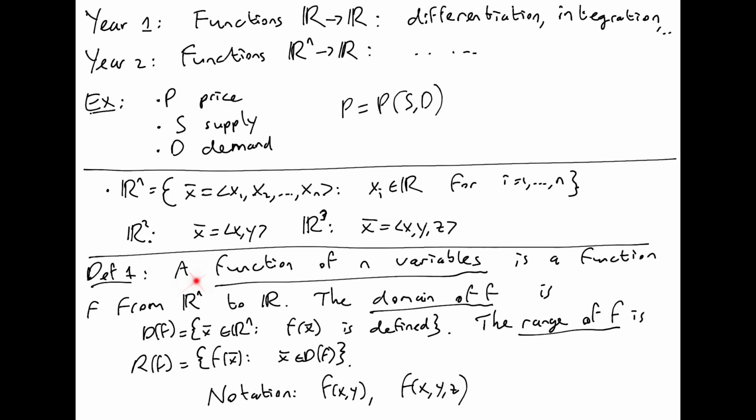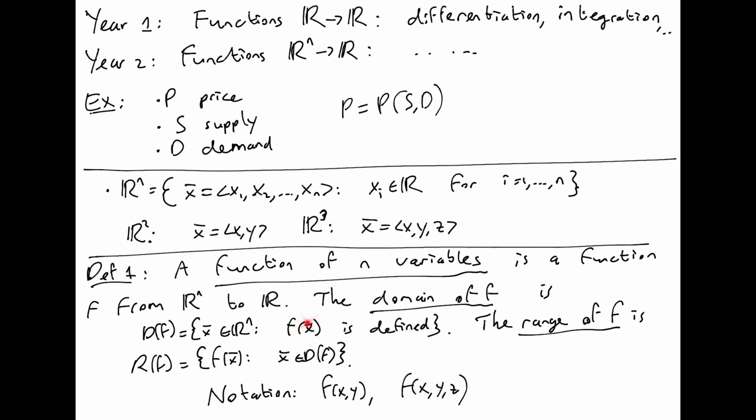Okay, so now let's continue with the first important definition. So what is a function of n variables? Well, a function of n variables is a function f from Rn to R. So what is the domain? The domain, we will denote it by D of f, and those are precisely the vectors x bar in Rn such that f of x bar is actually defined. So there may be some vectors for which f of x bar is not defined.